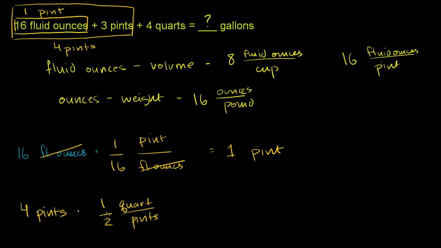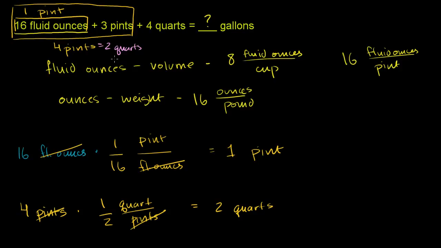And we wrote it this way instead of 2 over 1 because we wanted the quarts in the numerator and the pints in the denominator, so that they cancel out. And it makes sense. If you're converting a smaller unit to a larger unit, you're going to have fewer of them. So you're essentially dividing by 2. So 4 times 1/2, or 4 divided by 2, is equal to 2 quarts. So these 4 pints are equal to 2 quarts.